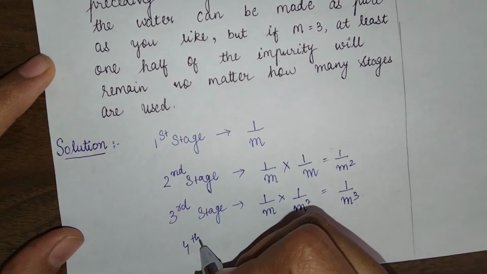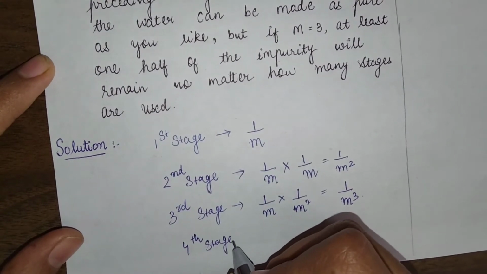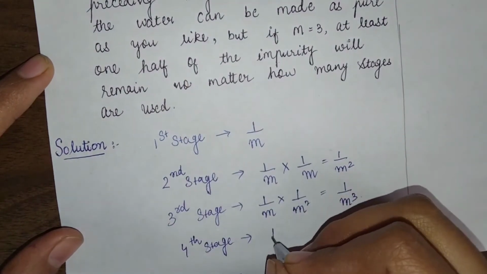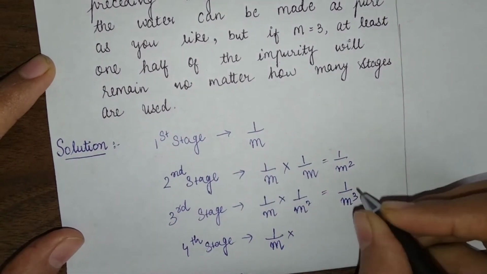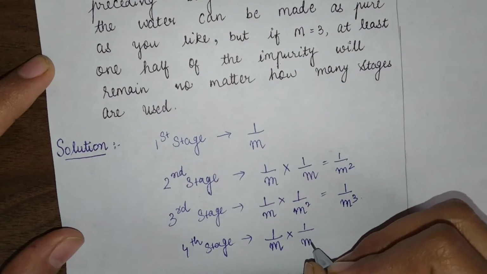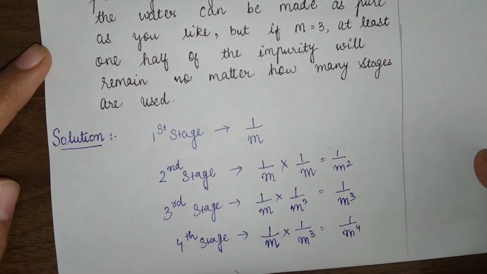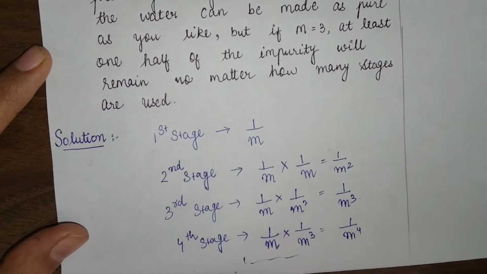For the fourth stage, again it will be 1/mth of that removed in the preceding stage, so 1 by m multiplied by the preceding stage's value, so it is 1 by m raised to 4. Okay, and so on it will keep on going.